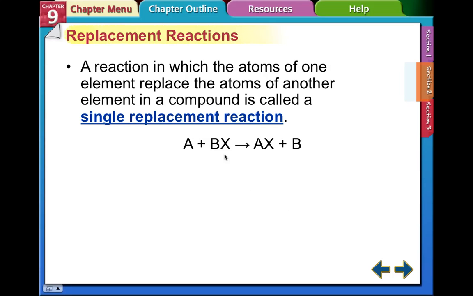So in this case, you can see you have A plus BX in the reactants, and that yields AX plus B in the products. You can see that the A and the B have switched places. They have replaced each other. Sometimes these are called displacement reactions, so you can hear either single replacement or single displacement.